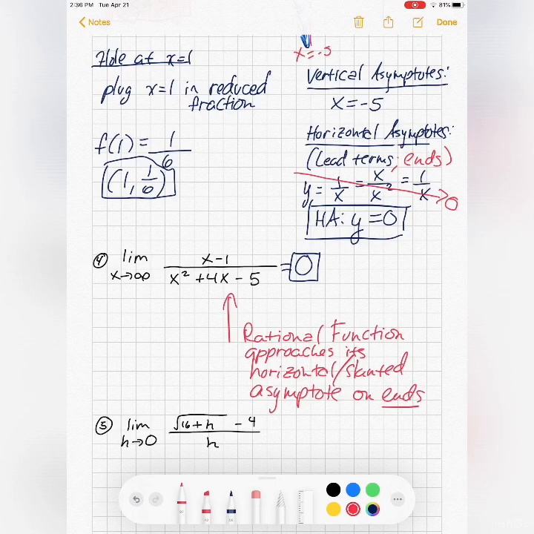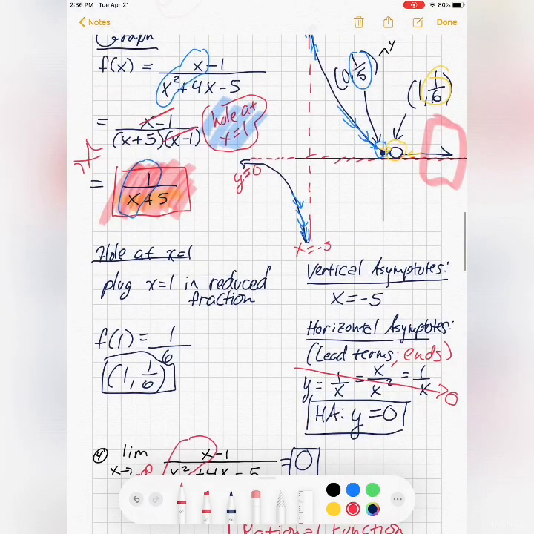So that means I can tell you immediately, as soon as I look at this rational function, because it has the higher power in the denominator, the horizontal asymptote is 0. So that means that I know the limit as x goes to infinity, or I could even do this. I could even make this -infinity. Because a rational function approaches its horizontal asymptote on both ends. So actually either way there, that limit would be 0.